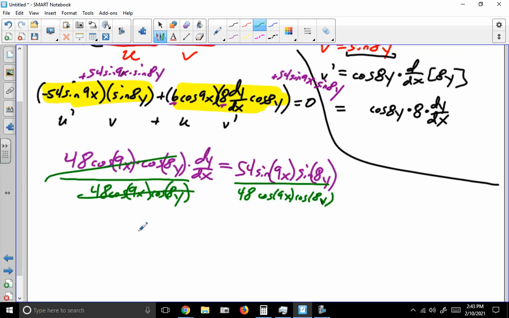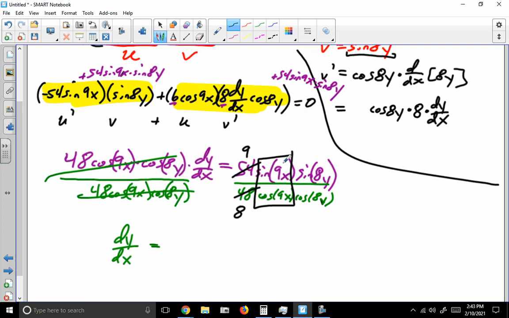So those and those cancel. So we get dy over dx. On the right side, we have some reducing we could do. 6 goes into 54 9 times. 6 goes into 48 8 times. Also, notice we're doing sine divided by cosine.